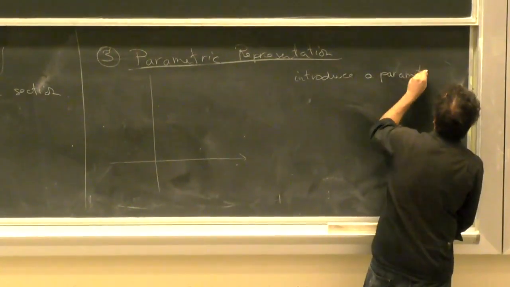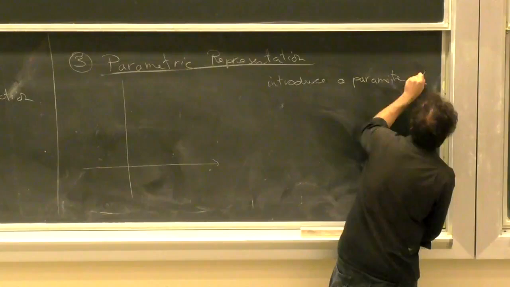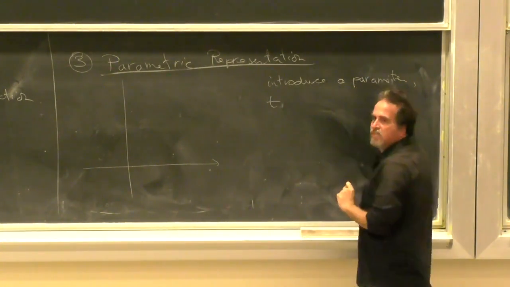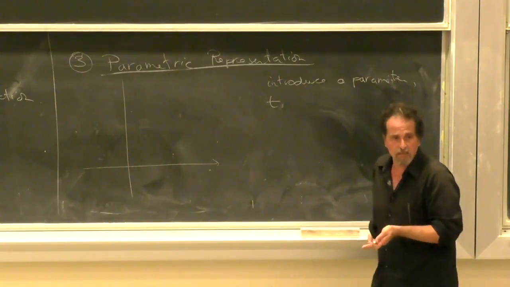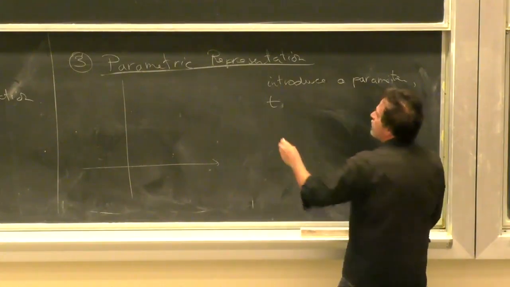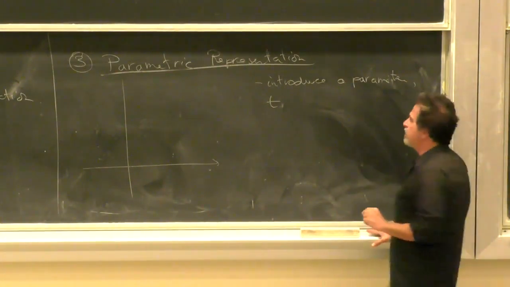The parameters we tend to use are t. We tend to use t, but we use other parameters like s sometimes.